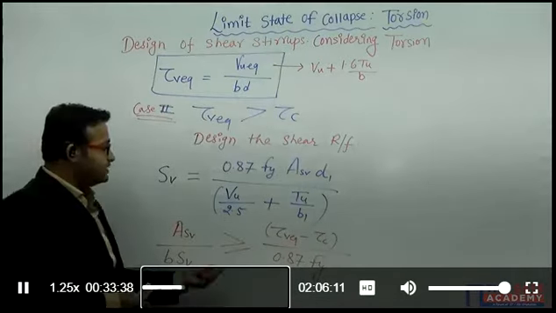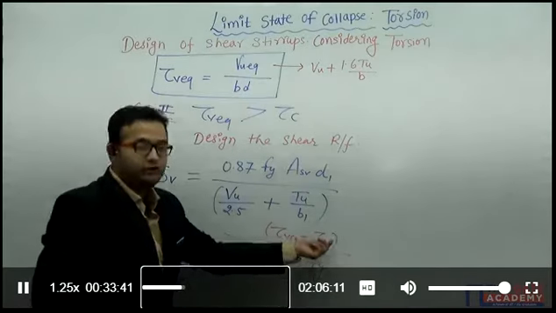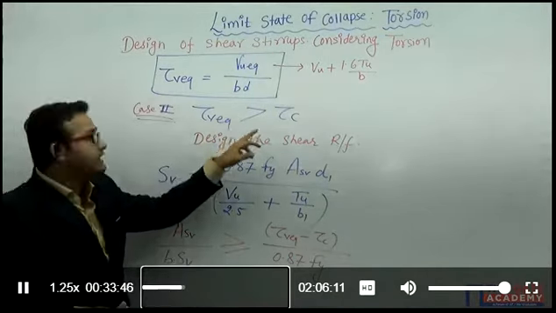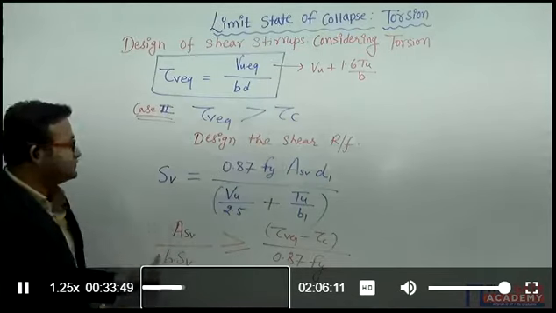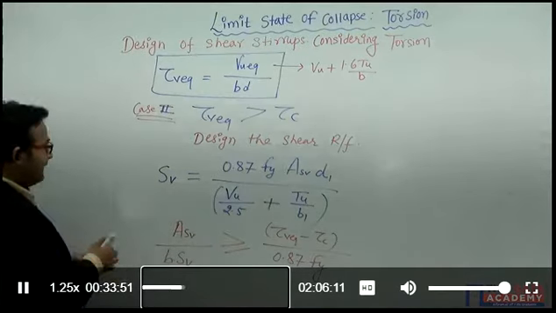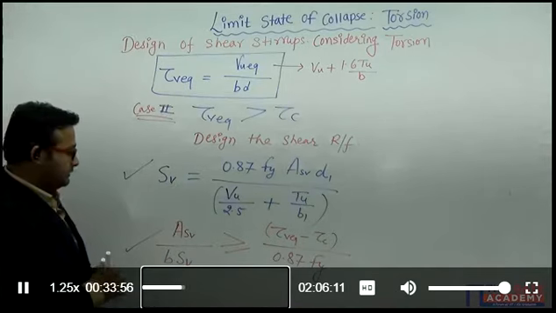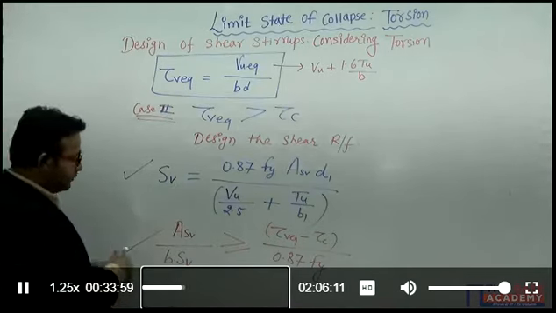So if I am facing tau v equivalent greater than tau c, we need to apply these two formulas. Either we can apply this formula or this formula. This is the minimum shear reinforcement we need to provide.